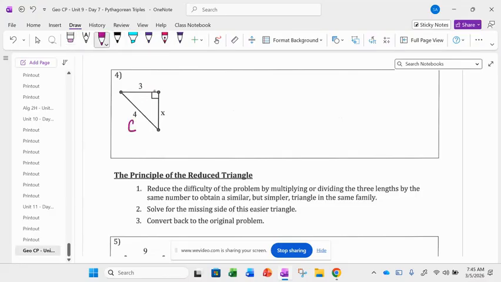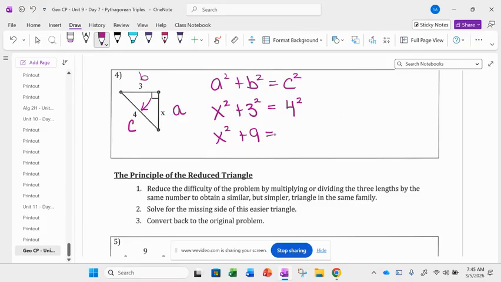I'm going to say 4 is C because it's right across from the right angle. I will say A is X and B is 3. So we're going to have A squared plus B squared equals C squared. So we're going to have X squared plus 3 squared equals 4 squared. X squared plus 9 equals 16.